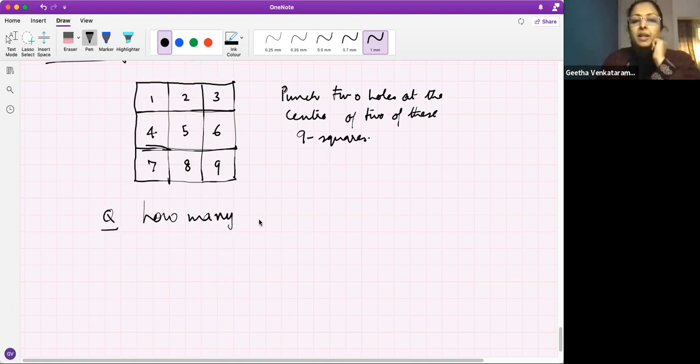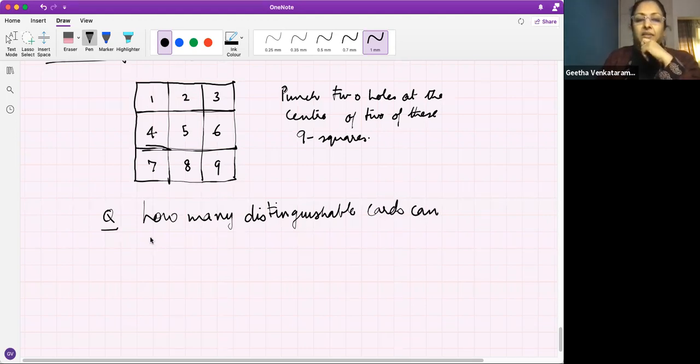So how many distinguishable I cards can you make?